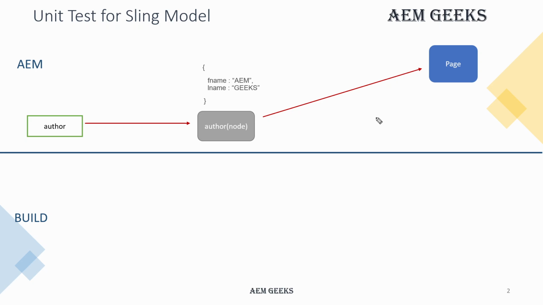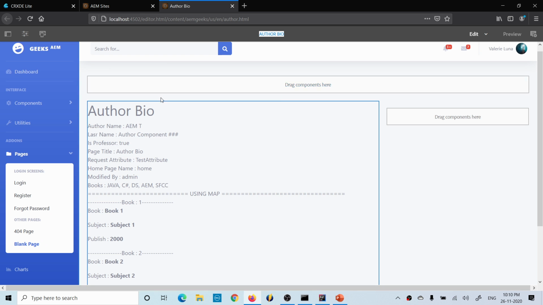So here the resource is getting created over the page, and this contains all the properties. Those properties are returned by the Sling model to Sightly, and the page is properly rendered. Let me show you once how this is created. That's my page.